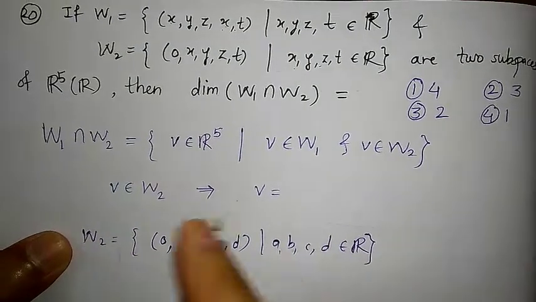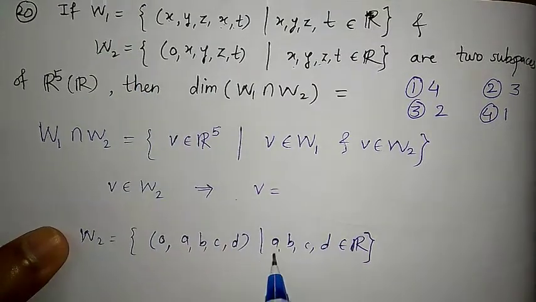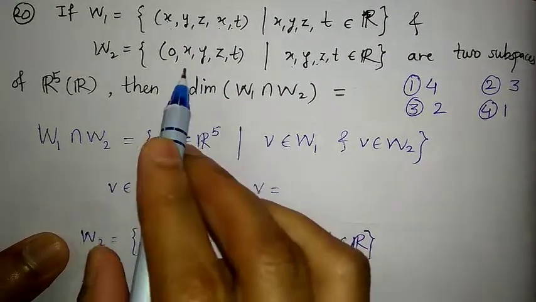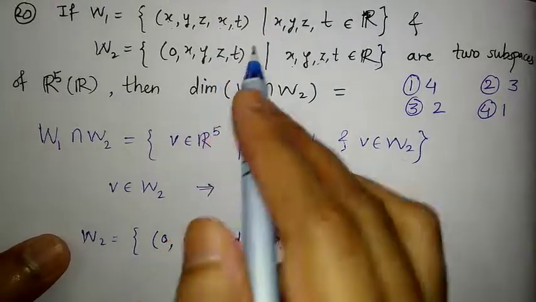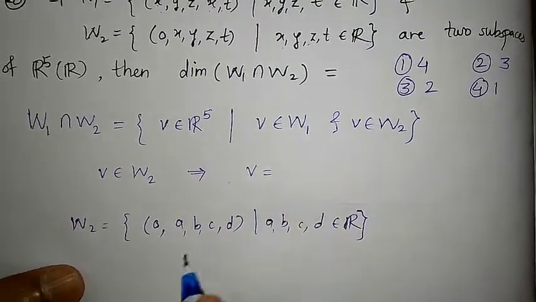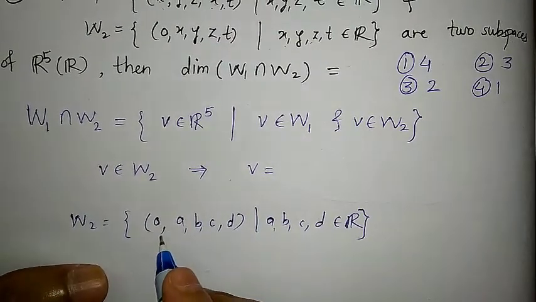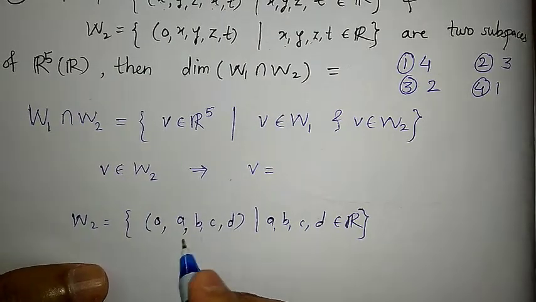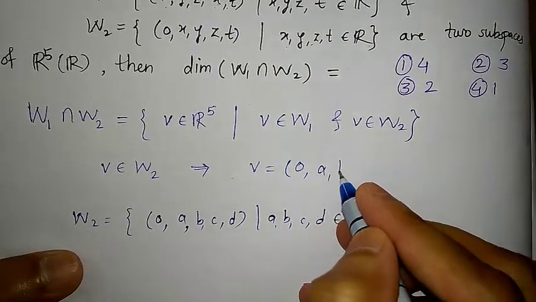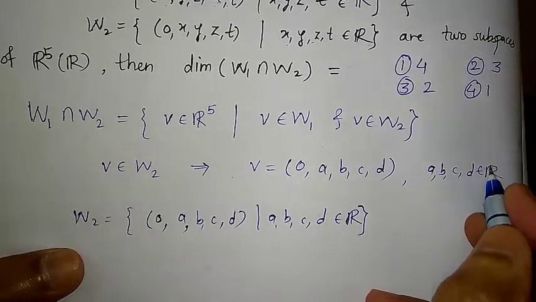So that there will be no confusion between the two sets of x, y, z, t. We write W2 in the form of A, B, C, D so that there is no confusion; it is not that the two are the same. Now v belongs to W2 means the vector looks like this: the first coordinate is 0 and the others are A, B, C, D, where A, B, C and D are real numbers.